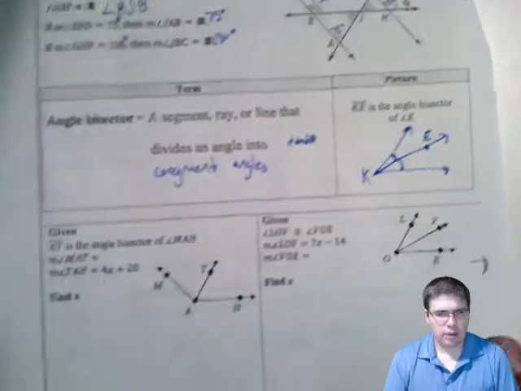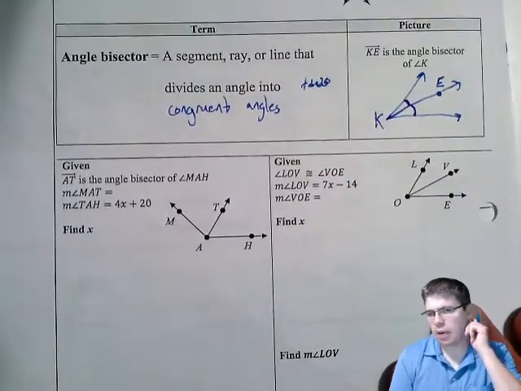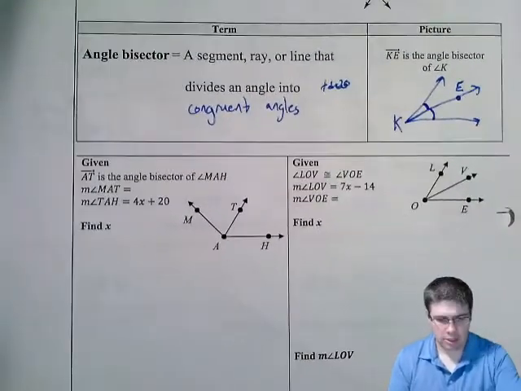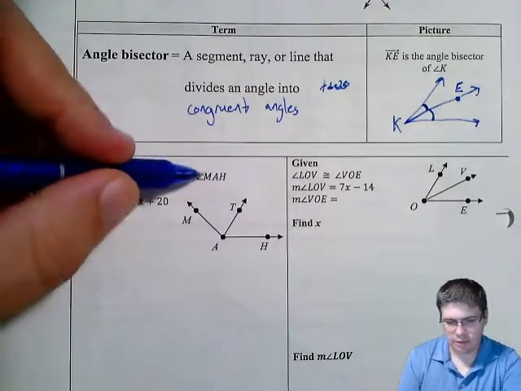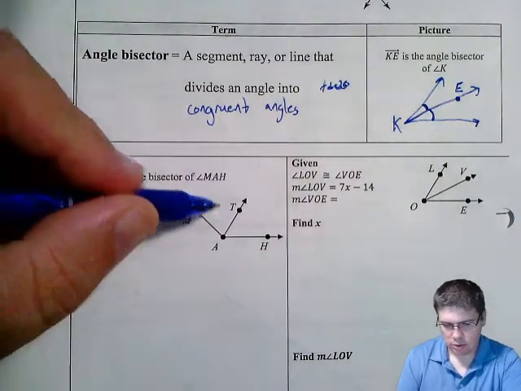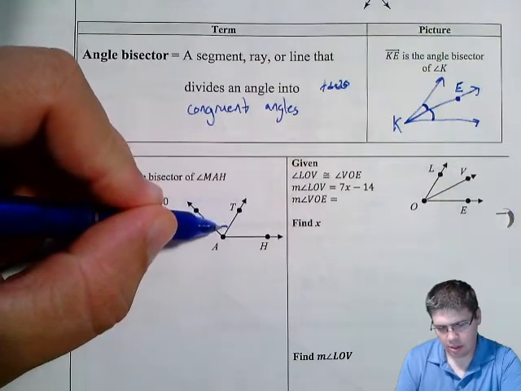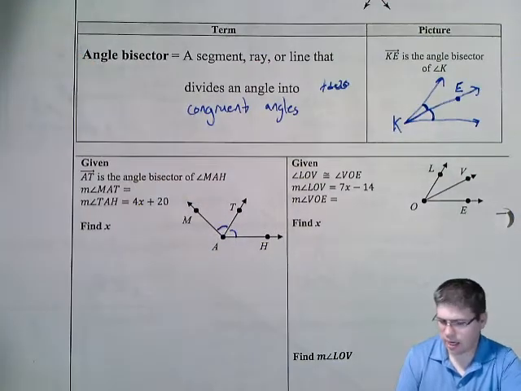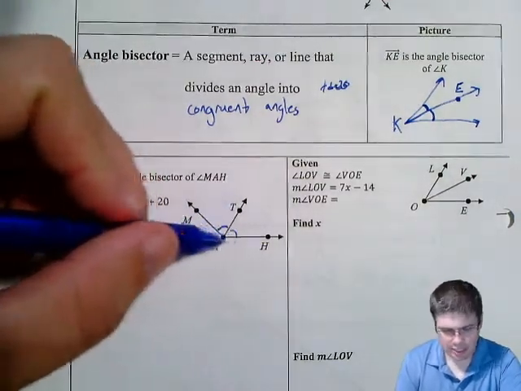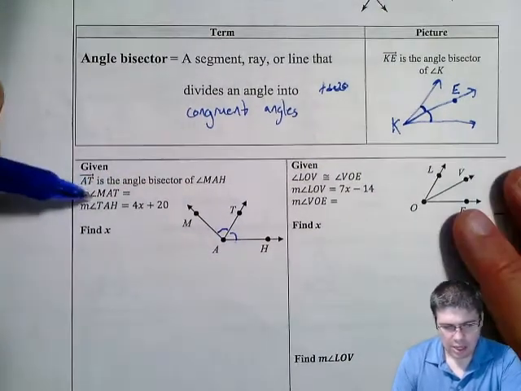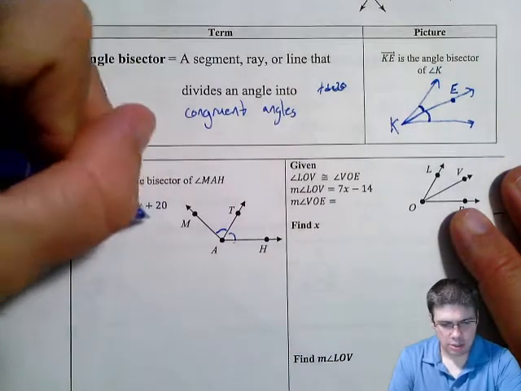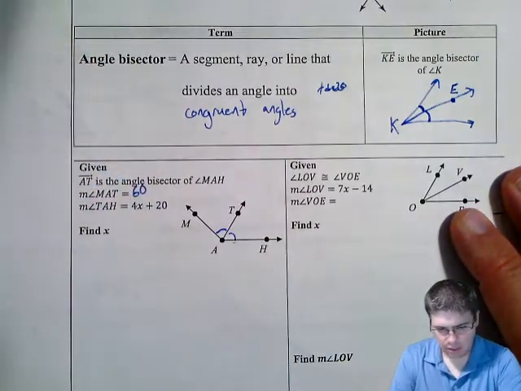All right, so a few more practice problems using angle bisectors. So AT is the angle bisector of MAH. That tells us immediately that this angle is congruent to that angle, right? Since it's bisecting the MAH, cutting it in half. So the measure of angle MAT, sorry, this should have been on here, is 60 degrees.